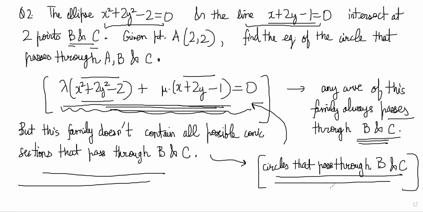The x square coefficient is lambda, the y square coefficient is 2 lambda. So this doesn't represent circles, right? This could be other types of conics, but it's definitely not a circle. So we are missing all the circles that pass through B and C from this equation. Therefore, we have to construct a slightly more general equation of a family of conics that covers all possible conics passing through B and C. We do that like this.